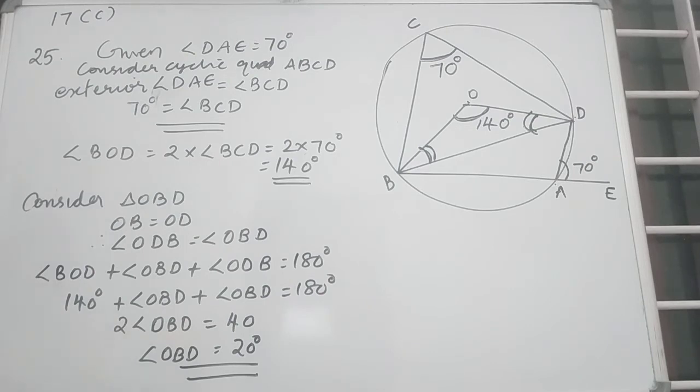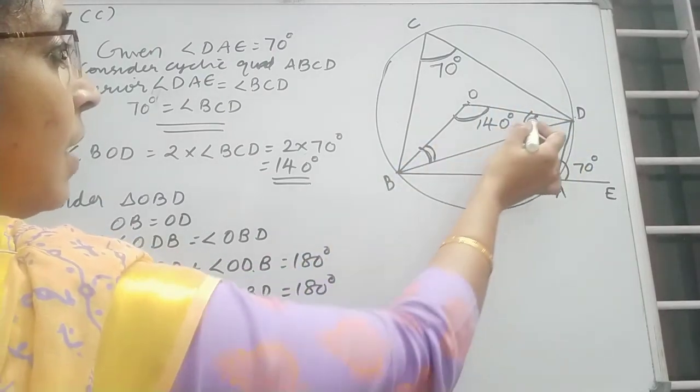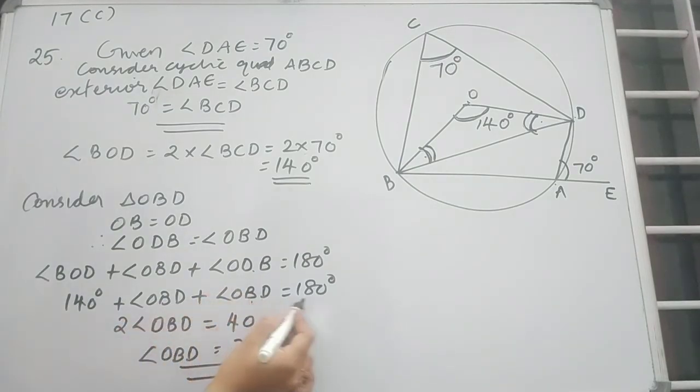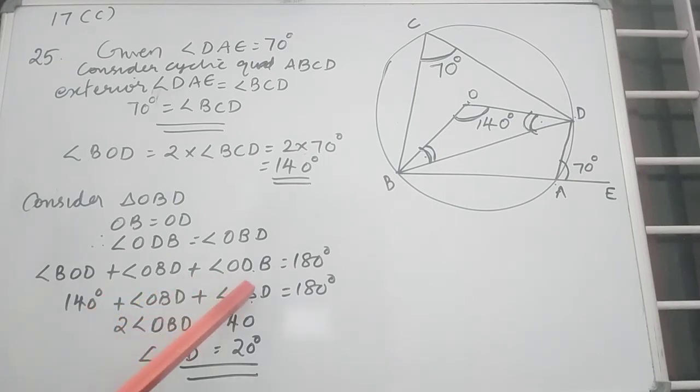Since OB and OD are the radius, angles opposite to those sides will be equal, so instead of ODB we can write OBD itself. So OBD plus OBD is equal to 180 degrees minus 140, so 2 OBD is equal to 40 degrees. So OBD is equal to 40 divided by 2, which is equal to 20 degrees.